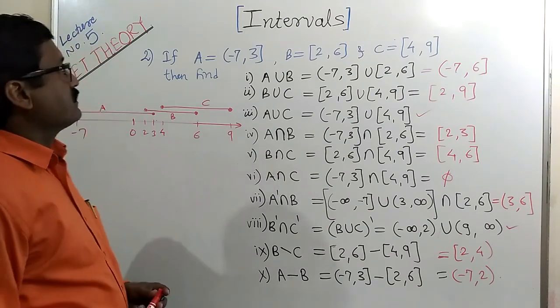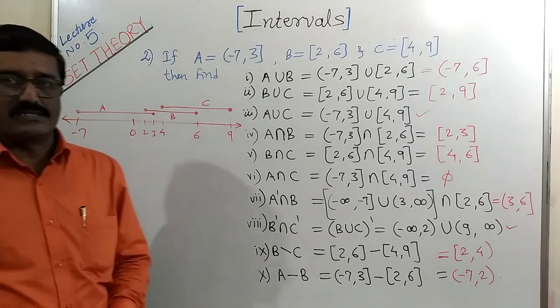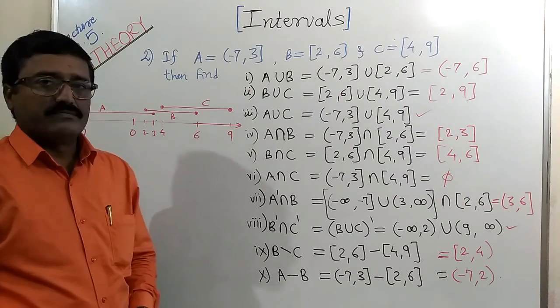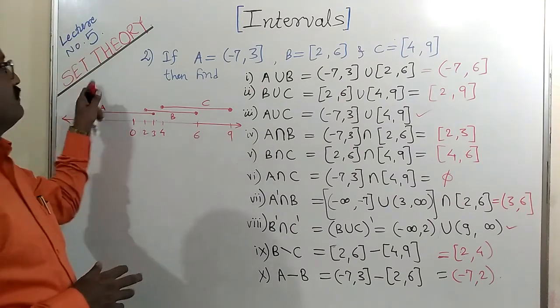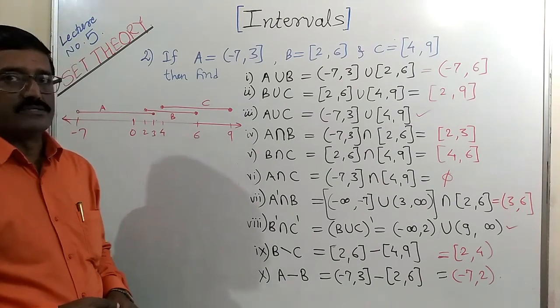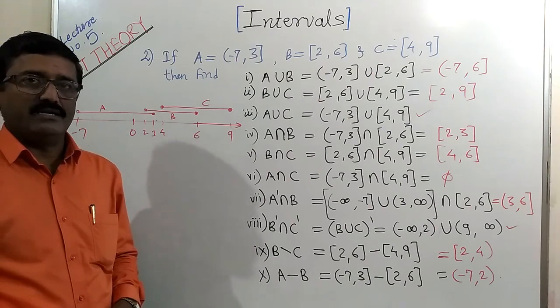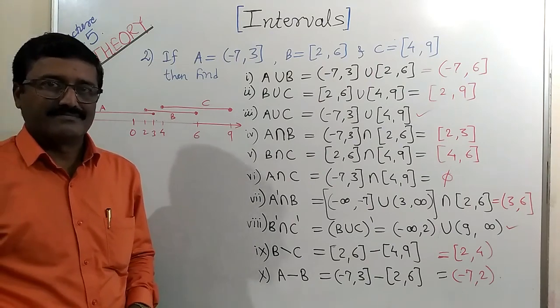So we will learn the rules of inequality in our next lecture number 6. And after that lecture, our part of set theory will be over. In the next lecture, we will start relations, before that the Cartesian product, and after that relations and functions. Okay, thank you.